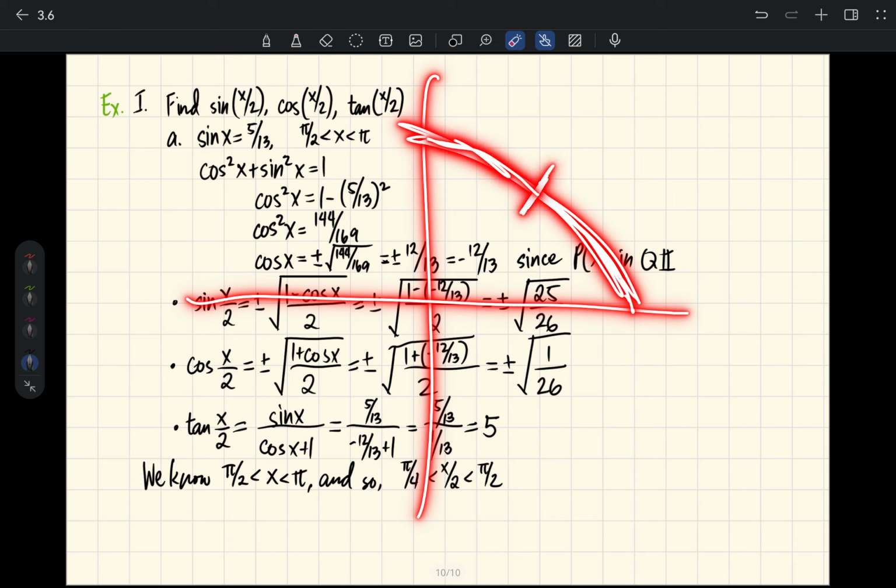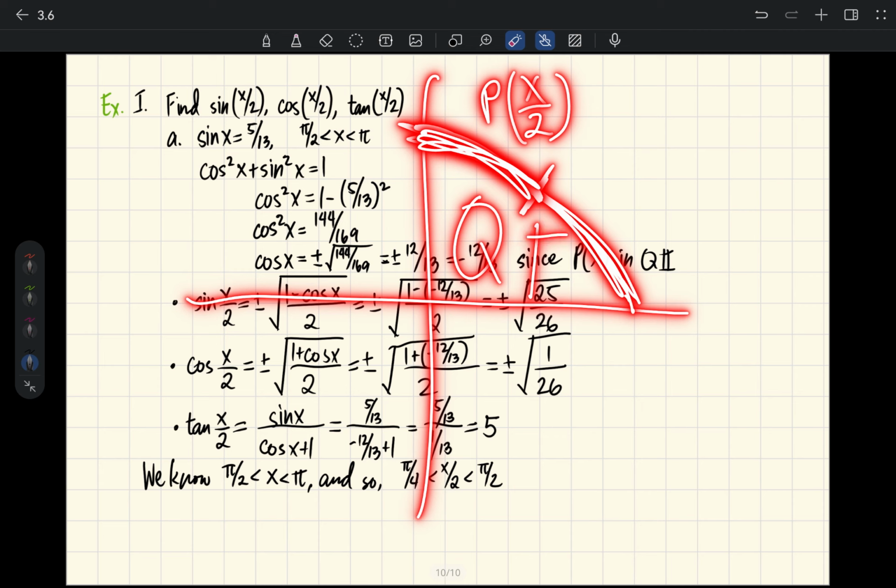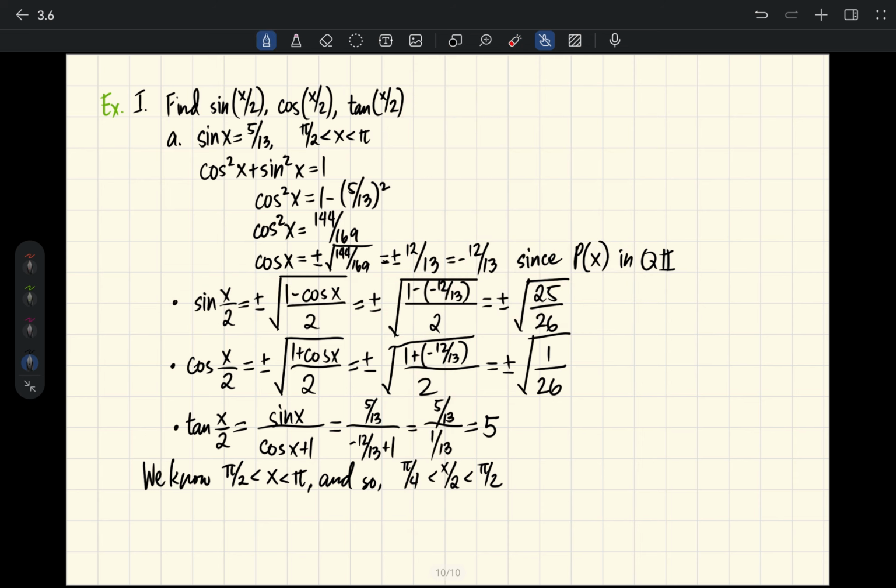And this one right here corresponds to pi over 4 to pi over 2. So this is telling us that P of x over 2 is somewhere right here, which nonetheless is in quadrant 1.